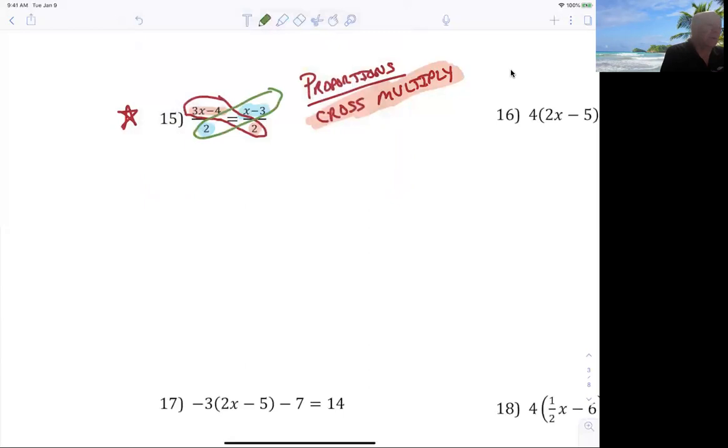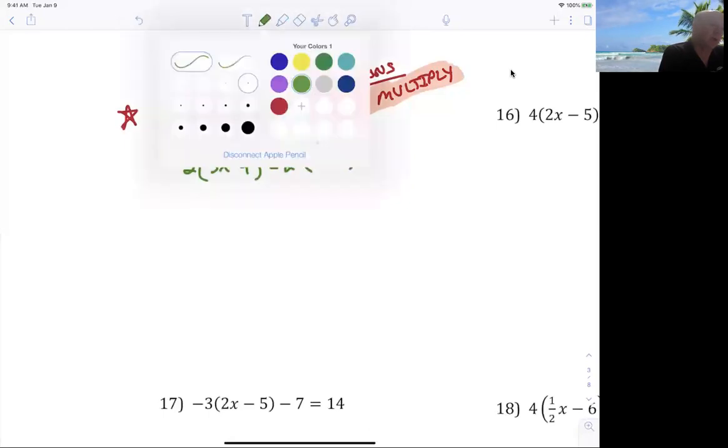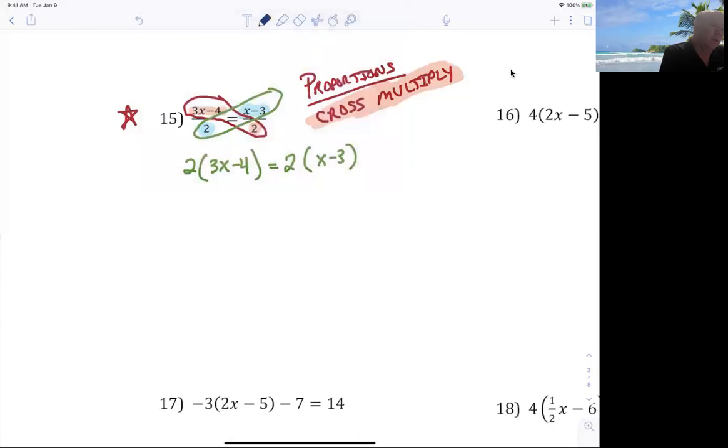Now, when we cross multiply, it ends up becoming 2, open parentheses, 3x minus 4 equals 2, open parentheses, x minus 3. Now we have parentheses, all right? So what do we need to do for parentheses? Well, we have to distribute.